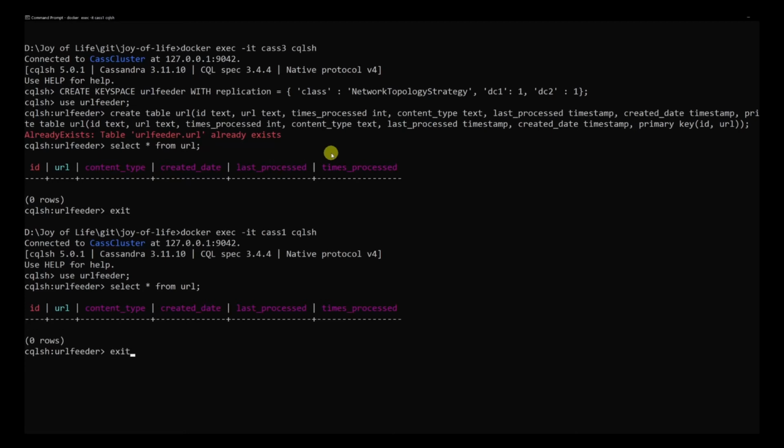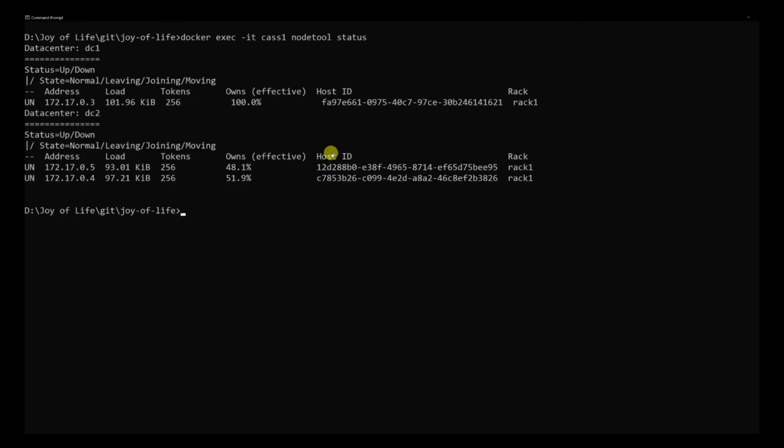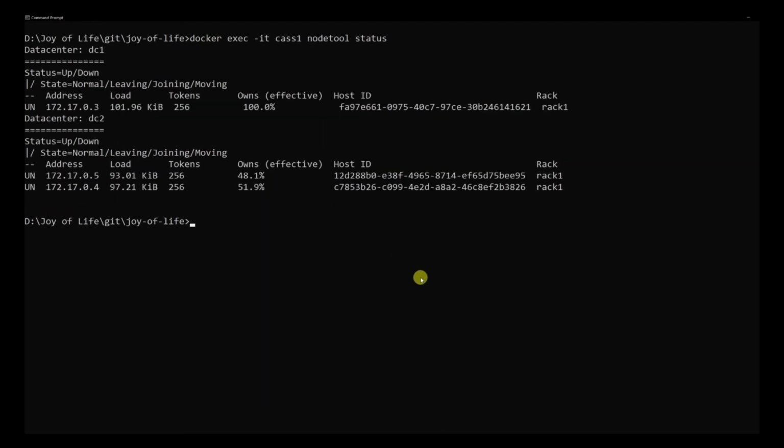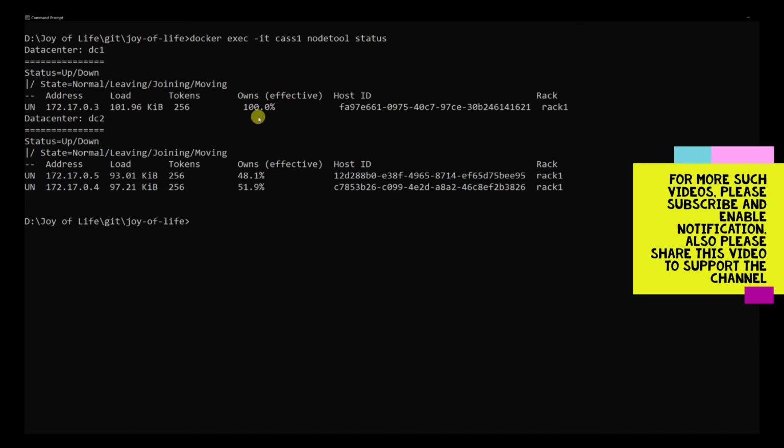Let's do an exit now, clean it up, and check the nodetool status. You can see that since we have defined a replication policy wherein DC1 should always have a copy, and there is only one node in DC1, DC1 is going to have 100% of the records, right? And these guys over here have 48% and 51%.